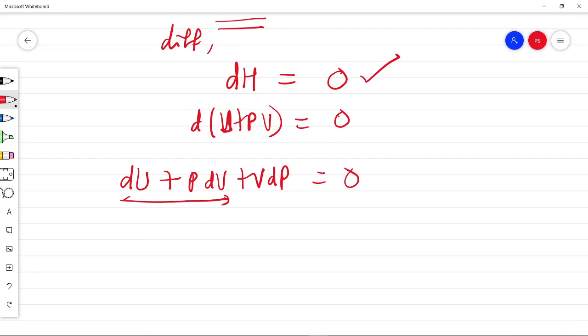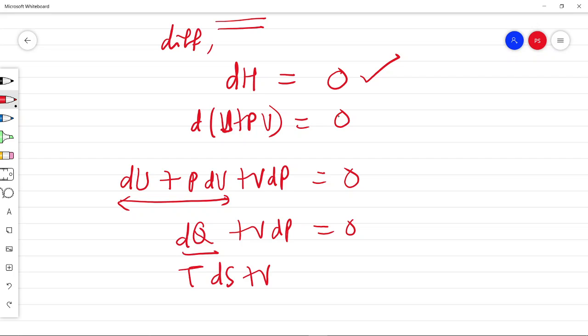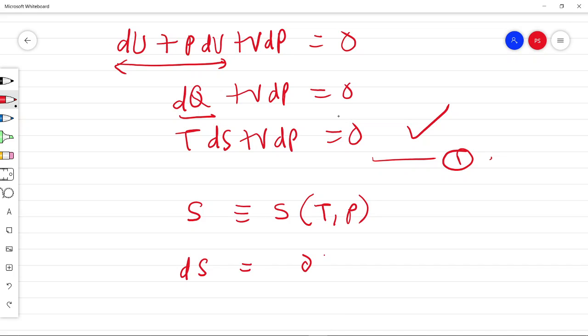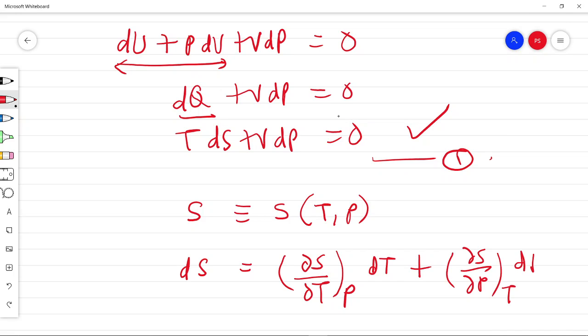But this dU plus PdV is dq, and this dq is TdS, right? So let us call it equation 1. Now let us introduce entropy S as a function of variables T and P. Then if we differentiate this, dS, we get dou S by dou T at constant pressure into dT plus dou S by dou P at constant temperature into dP.